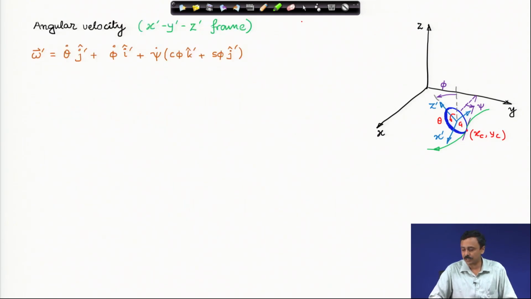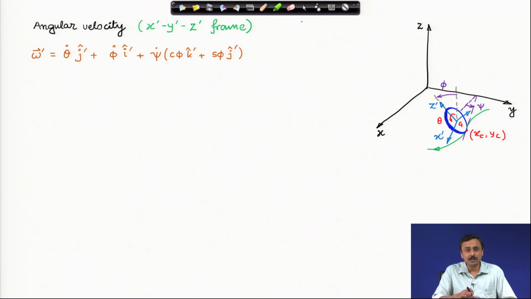Next we go to the rotational kinetic energy. We have discussed these things, so we will go through it quickly. It is very easy to write down the angular velocity in the x prime, y prime, z prime frame. Why do we use this frame? The moment of inertia tensor in this frame is constant, even though the coin is rotating with respect to it.